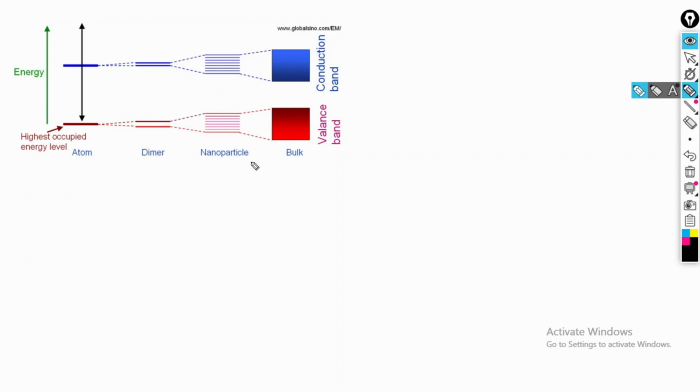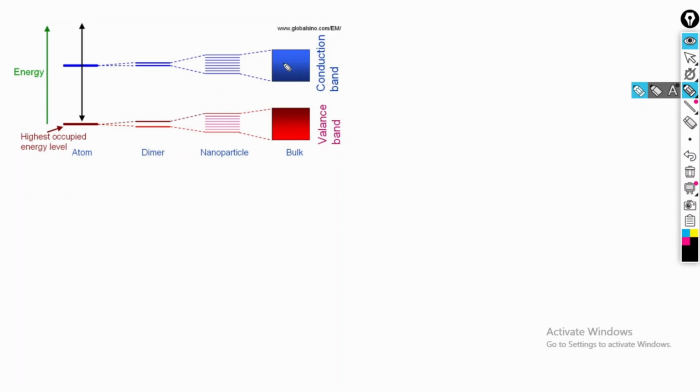And similarly, if we combine a large number of atoms, such as in bulk material which consists of a large number of atoms, the energy state of the atoms will be split into a large number of energy states, and therefore it looks like a continuous pattern. Okay, so we call the compact form of the large number of these energy states a band.